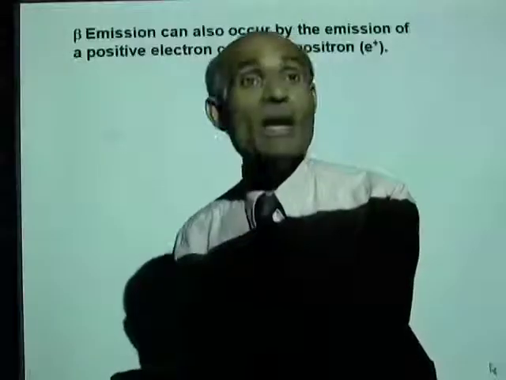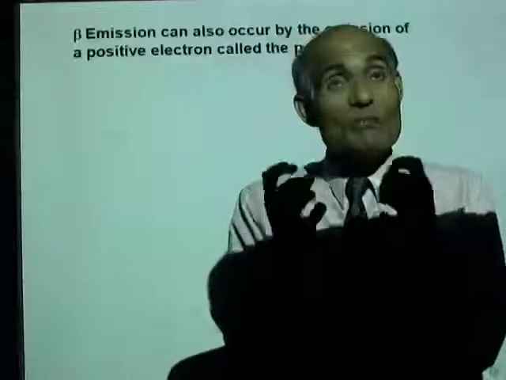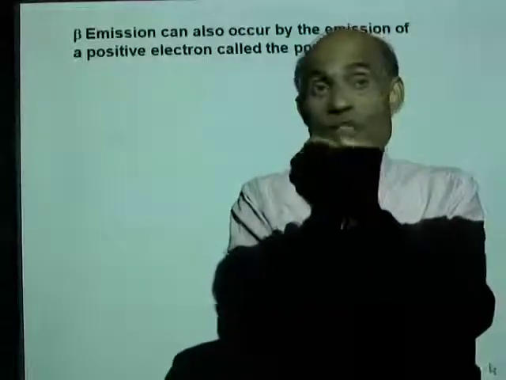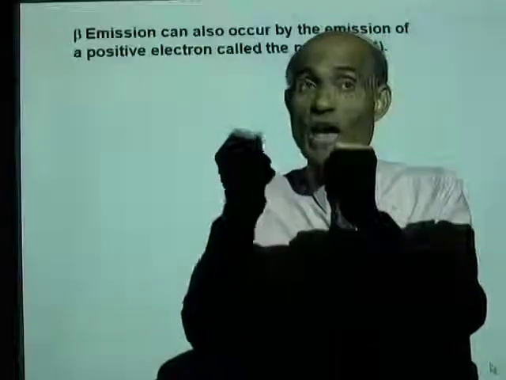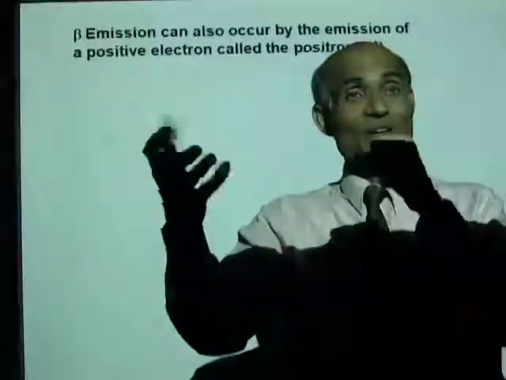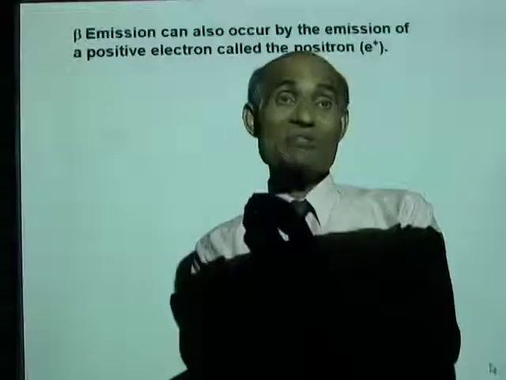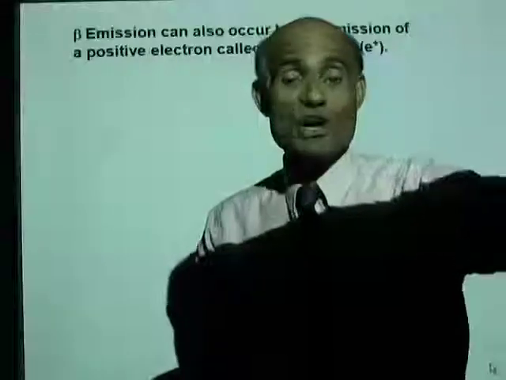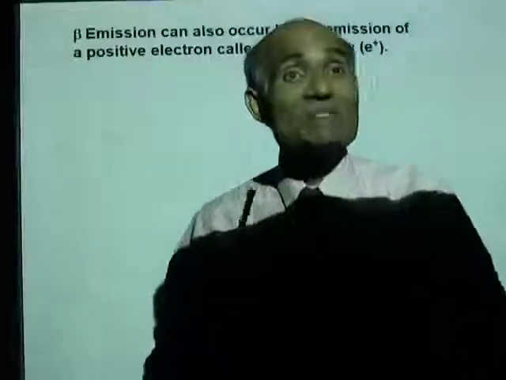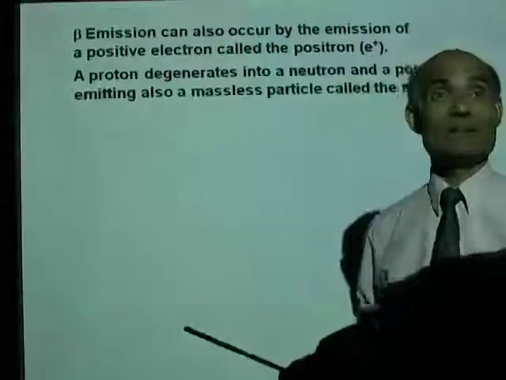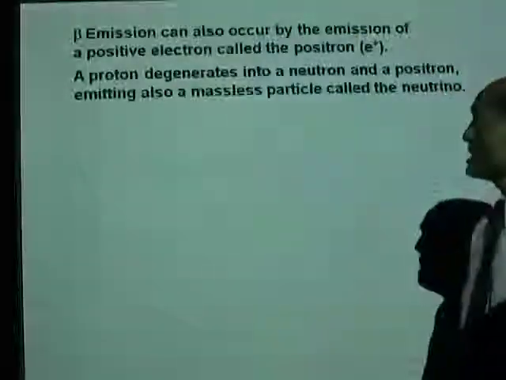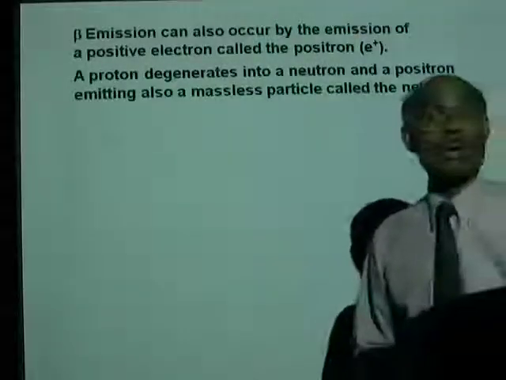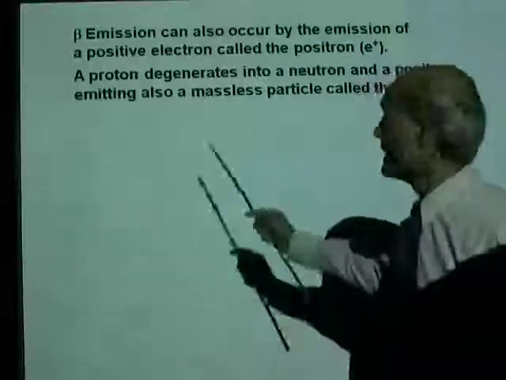Now, a proton can split into a neutron and a positron. The neutron will stay back in the nucleus and the positron will be emitted as a positive beta. So a proton degenerates into a neutron and a positron.